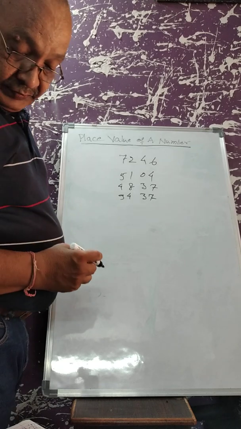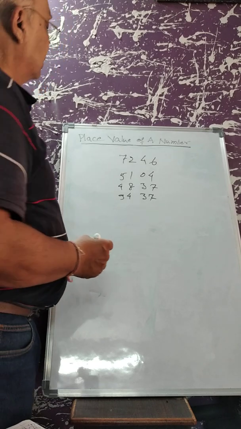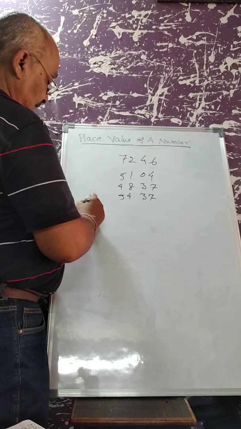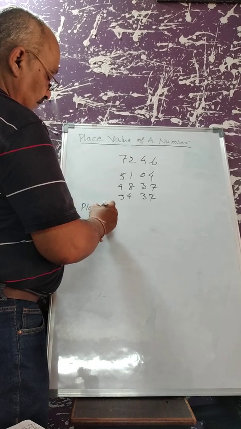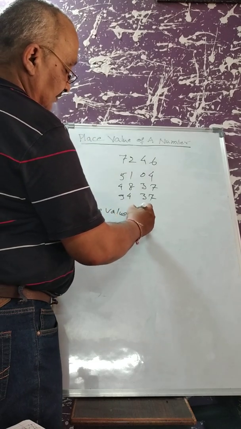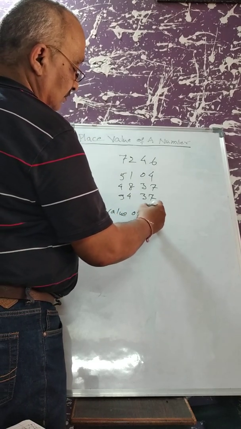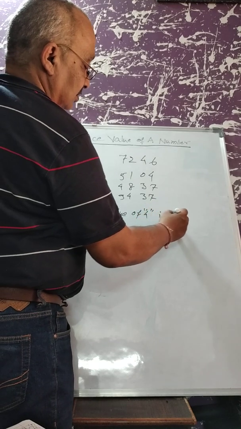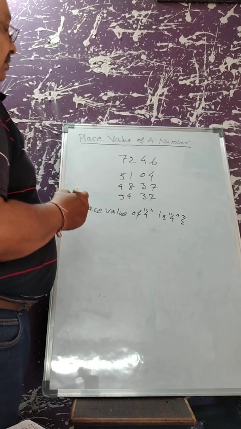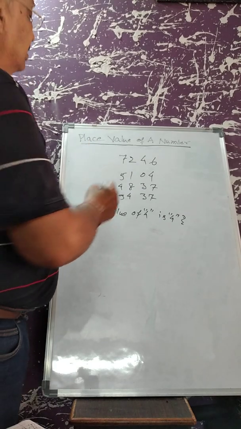And you have to find out the place value of 4, where you are finding place value of 4 is 4, and wherever you are getting it you have to circle it.